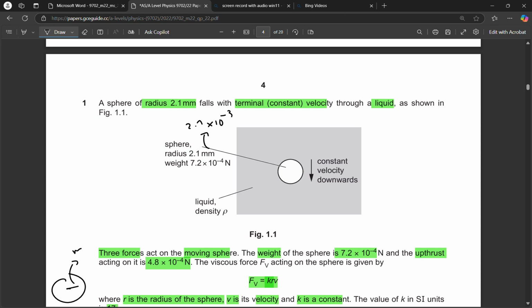It doesn't disappear, even in liquid, right? Weight simply doesn't disappear. It's still there. It's just going to be accompanied with another force. But let's just focus on weight. Weight is going to be pointed downwards. So, W. When swimming through liquid, is it easier or more difficult than walking through air? Moving through liquid versus moving through air, which is more difficult?